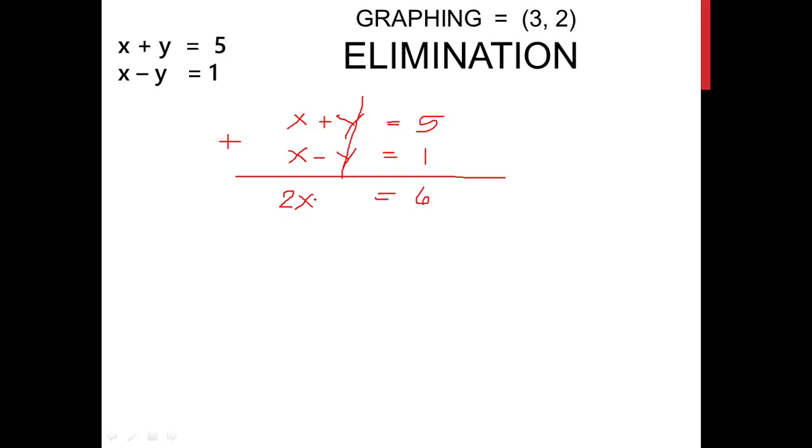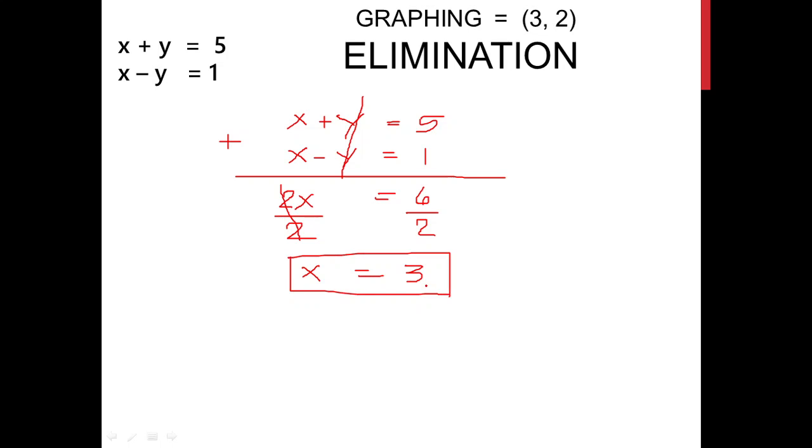Then I want to solve for the value of x. I need to eliminate its numerical coefficient by dividing both sides by it. This will cancel out to 1, so what's left is x. 6 divided by 2 is 3. So I have the value of my x now.